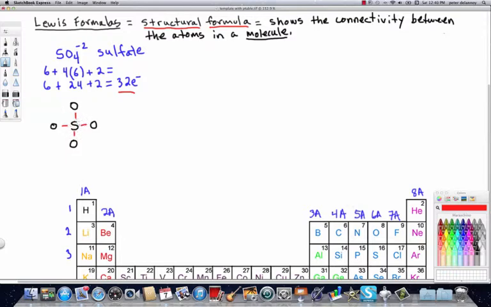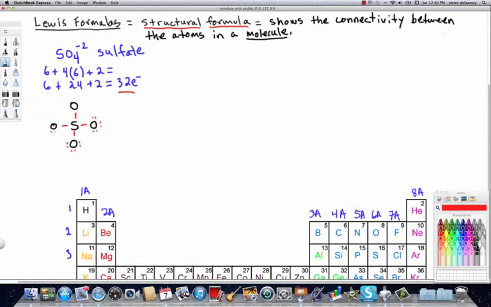All right, and we have a total of 8 around the sulfur. So in this next step, which is normally the one where we're going to put unshared pairs of electrons on the atoms, we don't have to worry about the sulfur because there's already 8 electrons around it. So let's go ahead and take care of the oxygen.